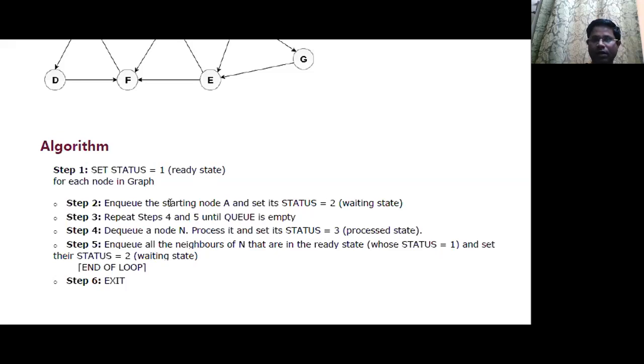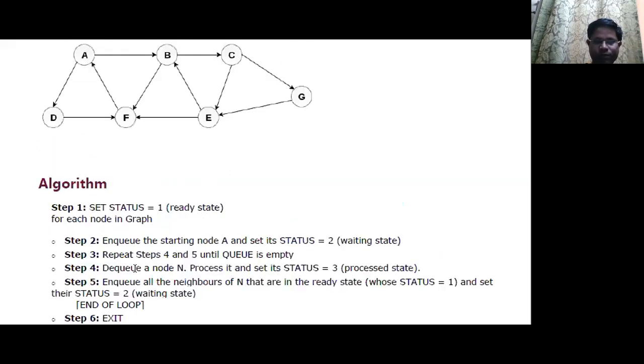It means if at a step a node has to be traversed, then that node will be ready to process in that step. Step number 2, enqueue the starting node A, because we have taken A as the starting node. Enqueue the starting node A and set its status equal to 2, that is the waiting state.